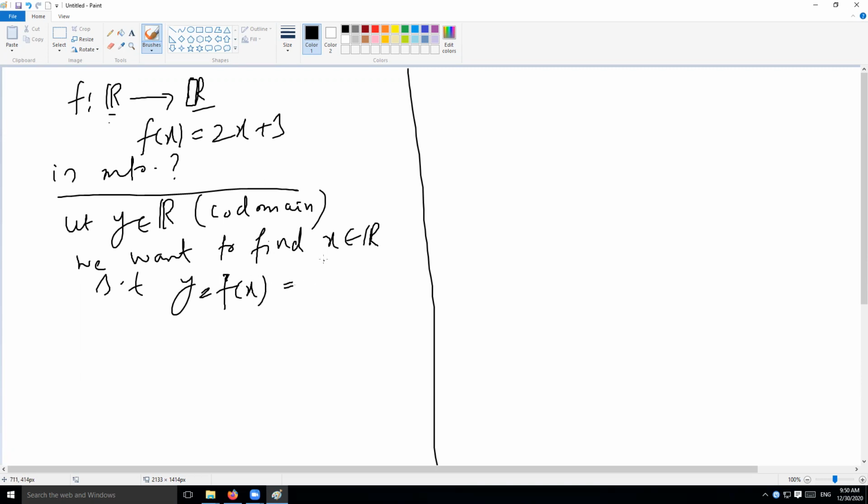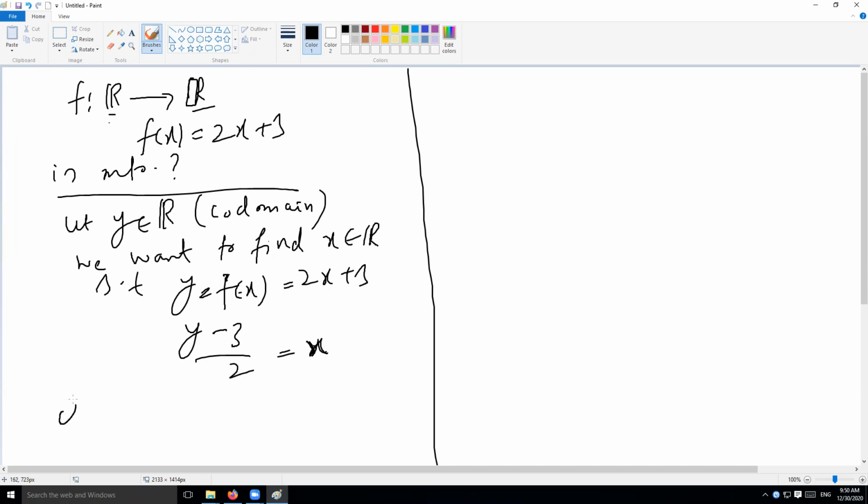Can I find this x? Why not? You have 2x plus 3, so write x in terms of y. It is going to be y minus 3 divided by 2 equal to x. Bring 3 to the other side and divide by 2, and you get x.